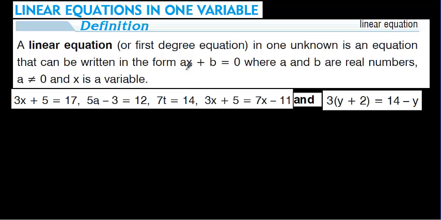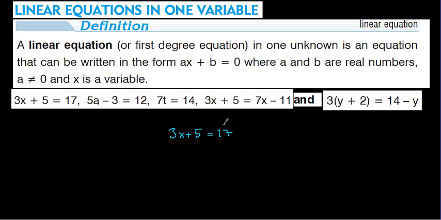Here at the definition part, it's given that ax plus b is equal to 0. This is the general form, and when I check all of them, when we write 3x plus 5 is equal to 17, it doesn't look the same, because here it should be 0.